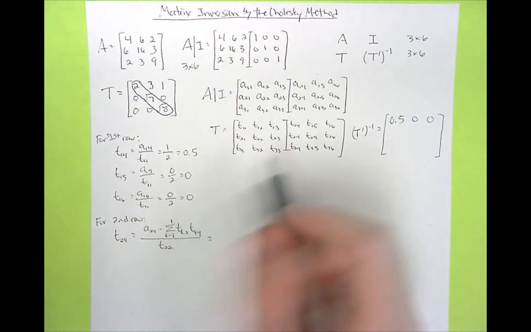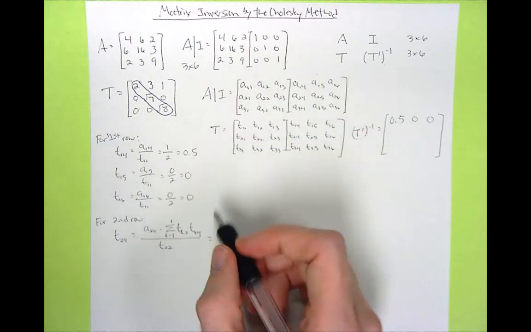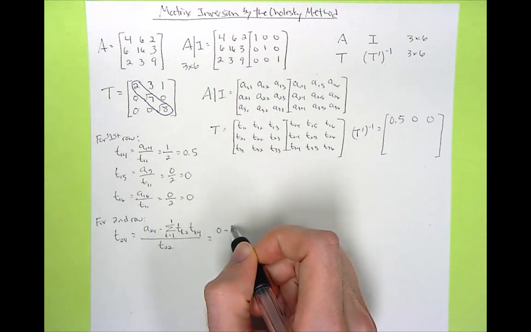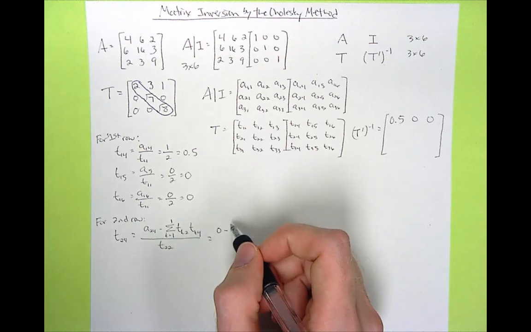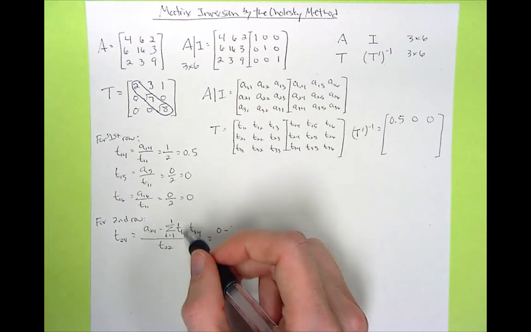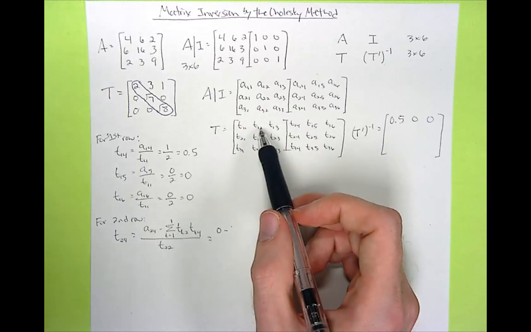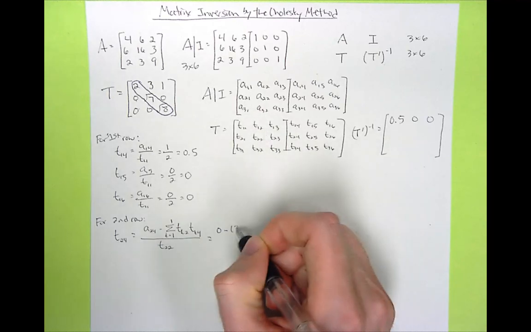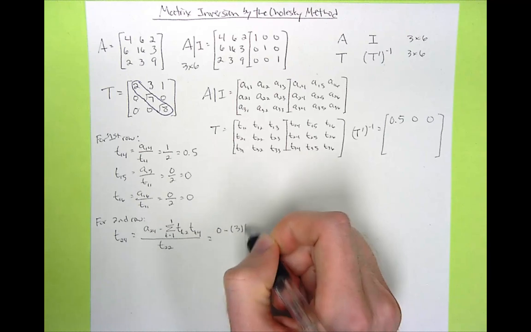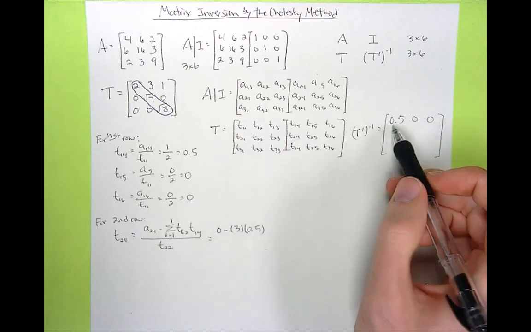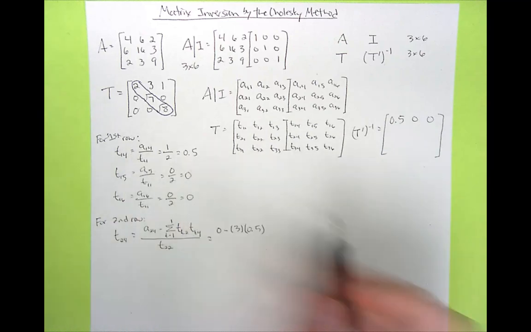So A24 is going to be this 0 minus, and so k goes from 1 to 1, so T12 is 3, and T14 we found up here, 0.5, 1/2.